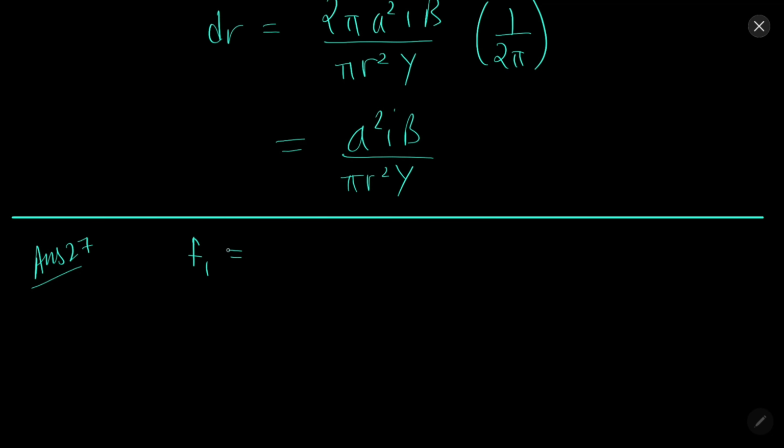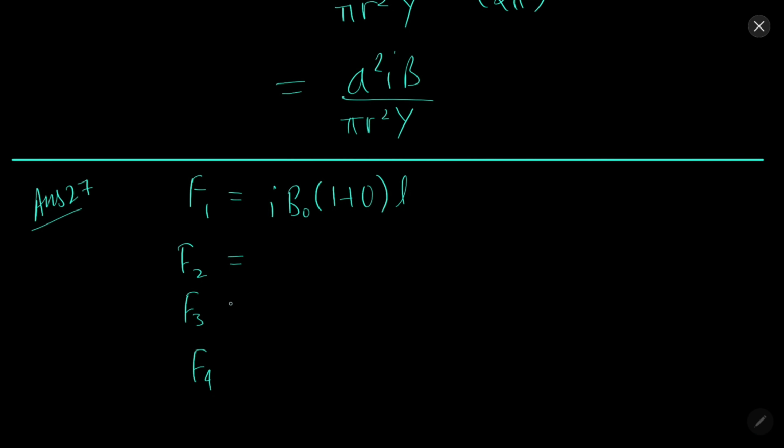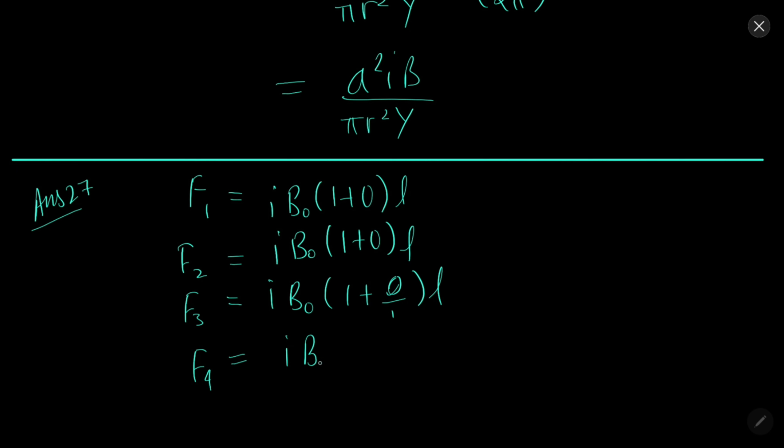So F1, the force on AB, will be I B naught (1 plus 0) into L. F2, F3, F4 will be I B naught (1 plus 0), I B naught (1 plus 1 by 1).